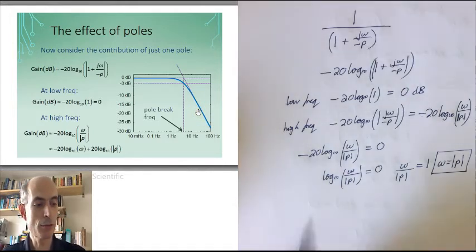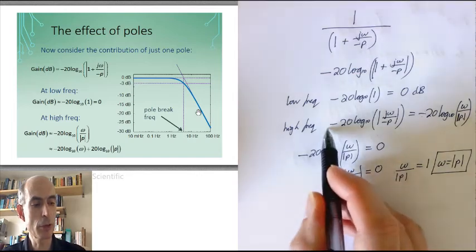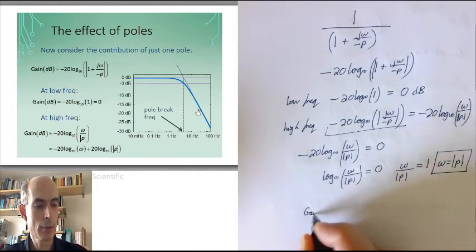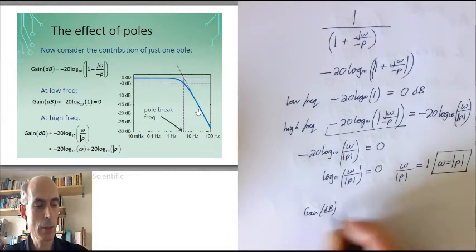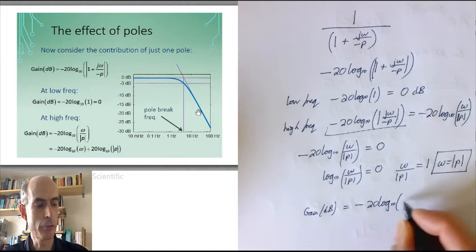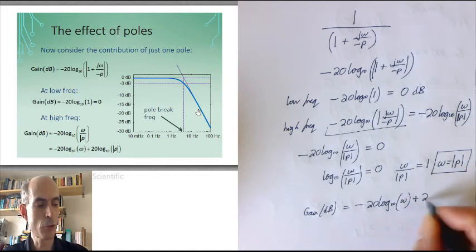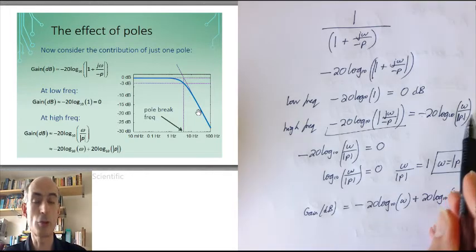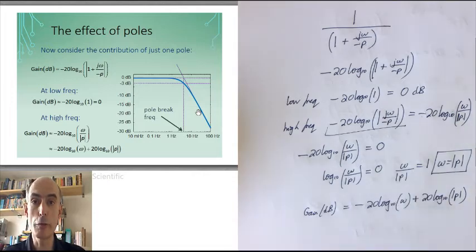We can see that by writing this high frequency approximation in a slightly different form. Gain in dB is minus 20 log 10 of omega plus 20 log 10 of the modulus of p, using the property of logarithms that log of a over b is log a minus log b.